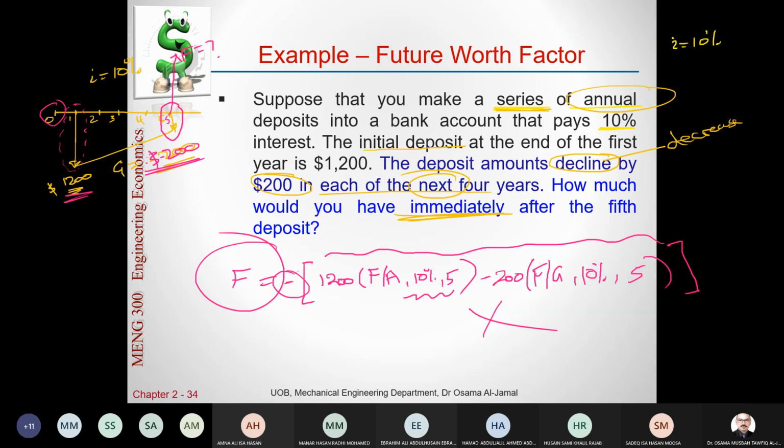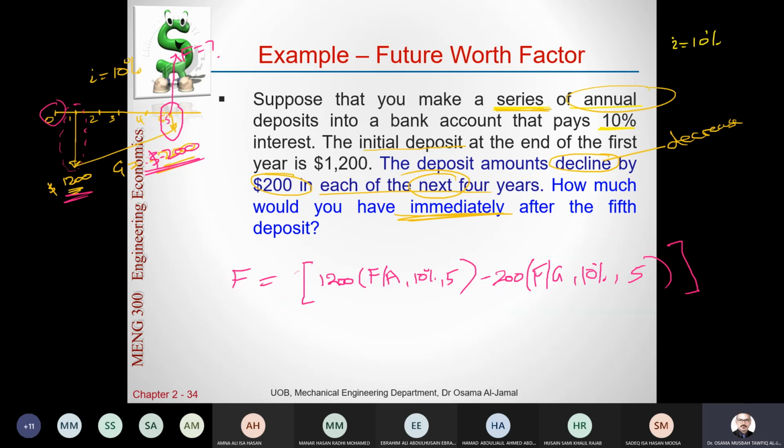Now use your calculator to find the answer. What to use? We can put all those cash flows directly in the calculator.